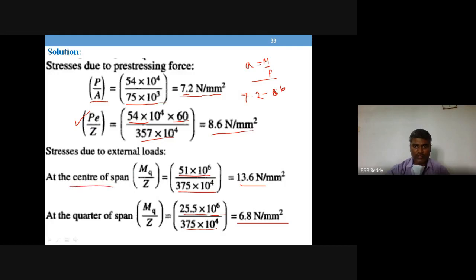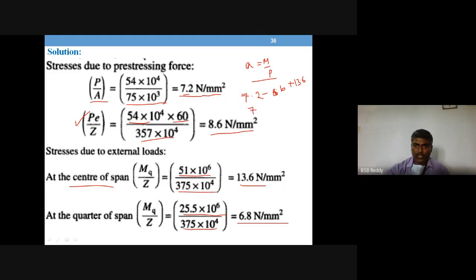At center you see 13.6. So top compression plus 13.6. So what will be the value? 7.2 plus 8.6 minus... 7.2 plus 8.6 plus 13.6? So that is 12.2, the stress at top.